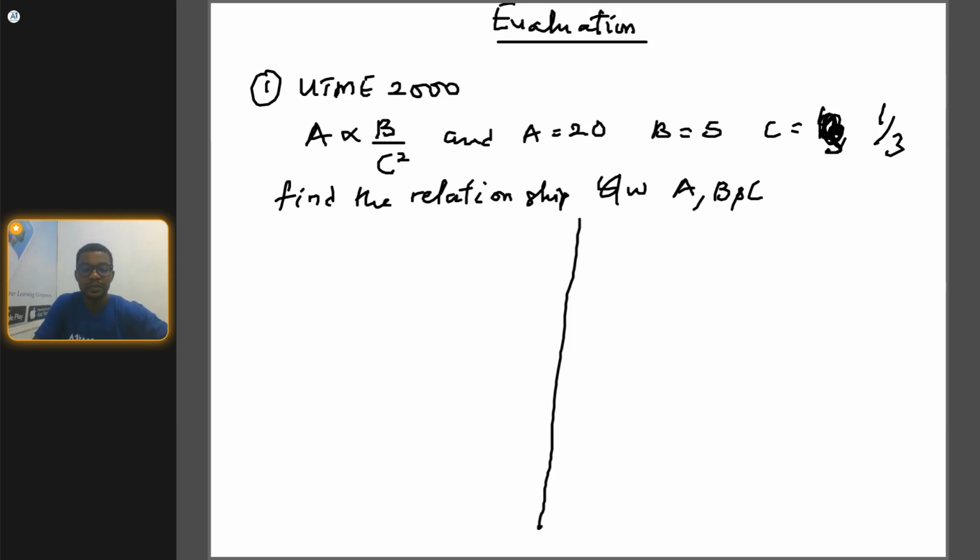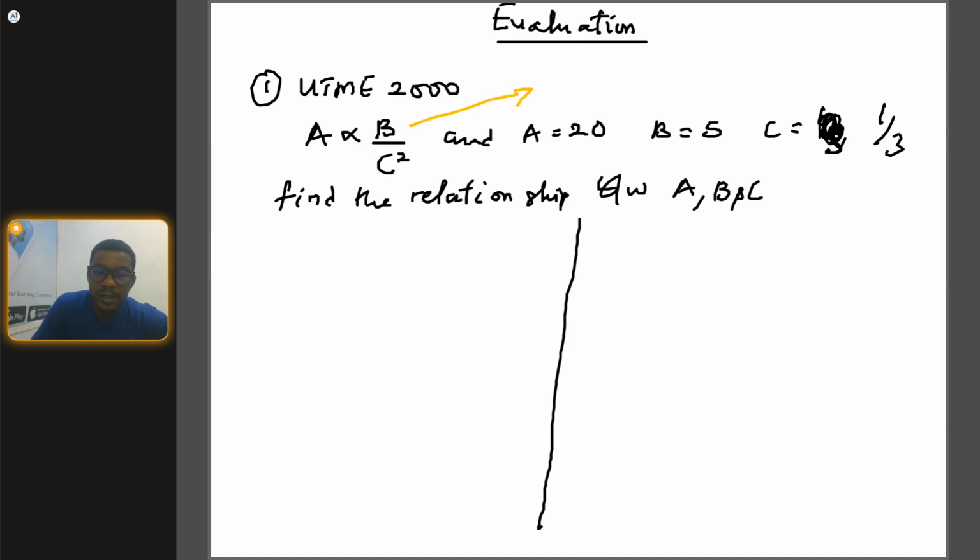So first, let's identify which type of variation this is. Indirect variation, yes, that is correct.